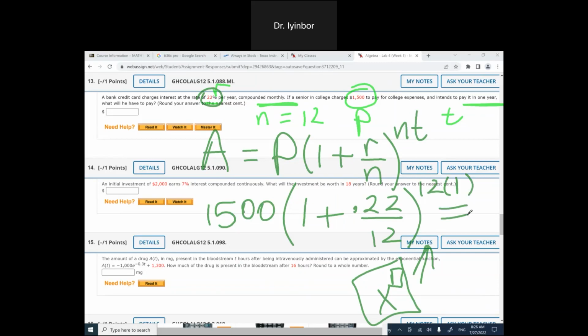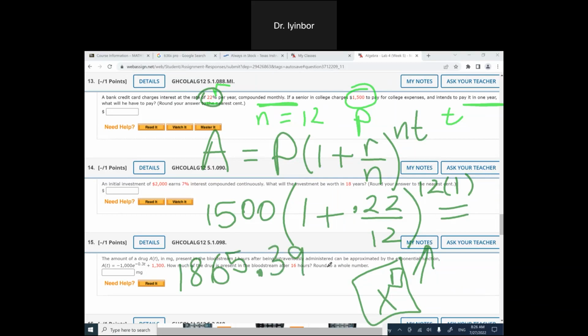So I'm going to plug it in. So I have 1,500 parentheses, 1 plus 0.22 divided by 12. Then close the parentheses, exponent X to the box, 12 times 1. So this is what I get. 1,865.394.